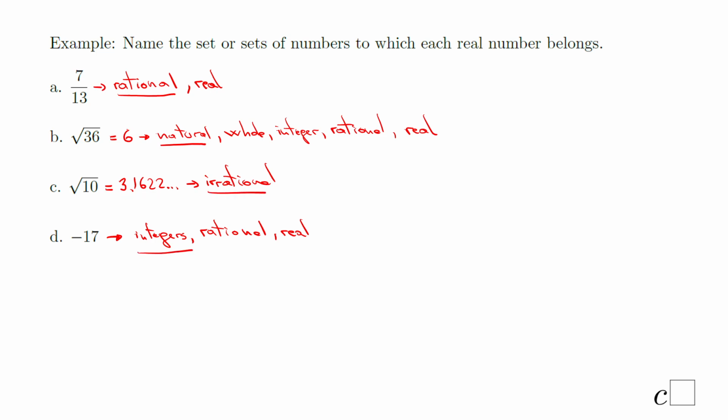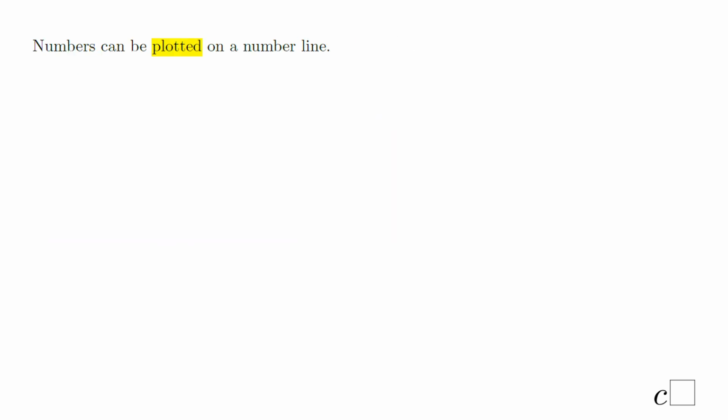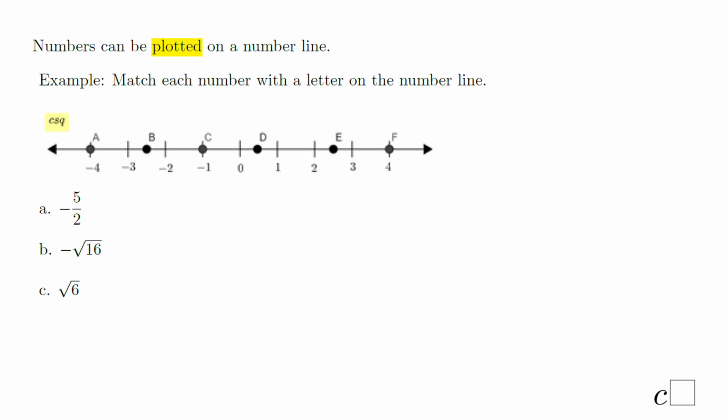Okay, now let's move to the next part of the lesson where I said that numbers can be plotted on a number line, and for that reason I'm going to use this example where we have three numbers, A, B, and C, and we want to match them with a letter on the number line. And the first one is -5/2.